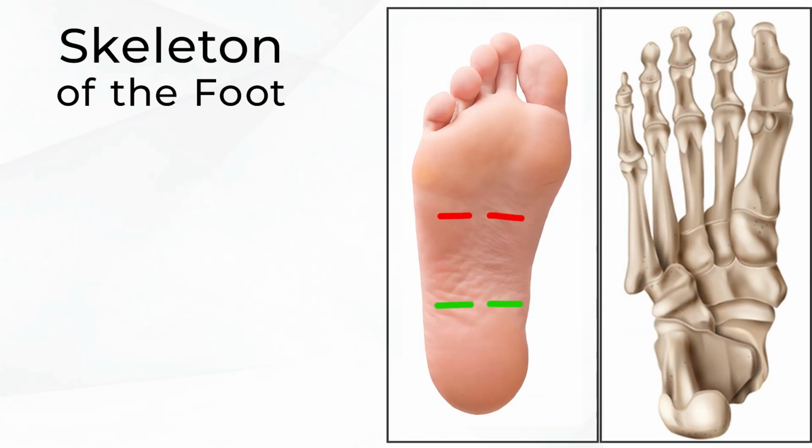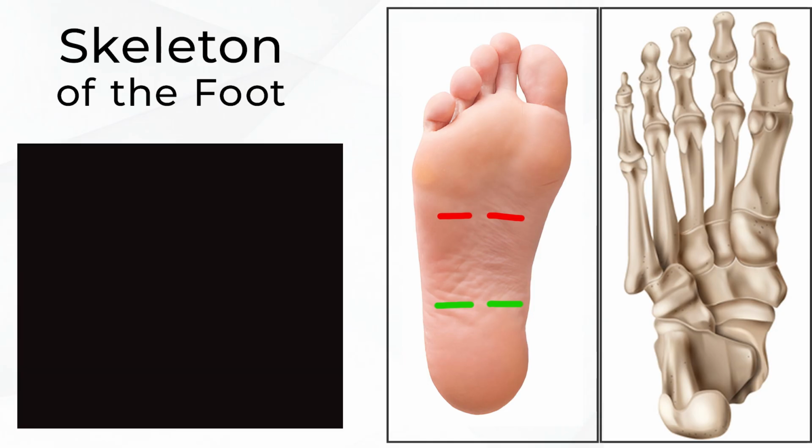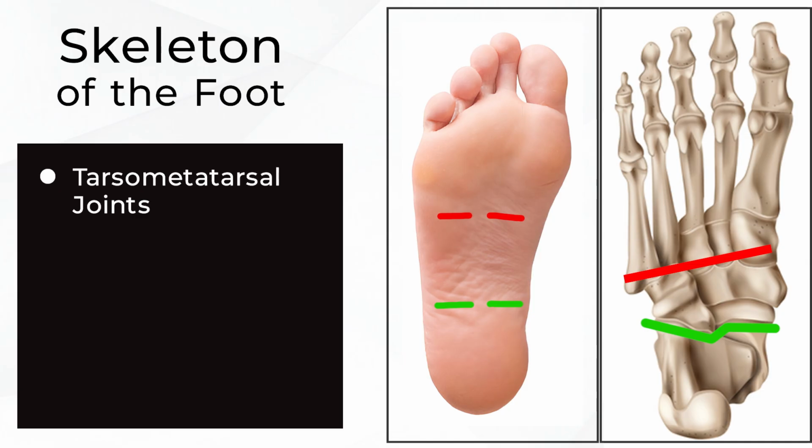The skeleton of the foot is divided into three parts by two imaginary joint lines: the tarso-metatarsal joint line that runs across the foot between the tarsals and the metatarsals, and the transverse tarsal joint line that runs between the mid-tarsal bones and the tarsals of the heel and ankle.